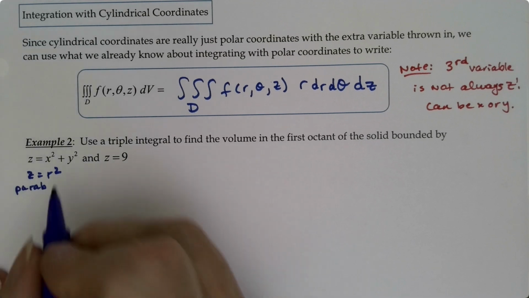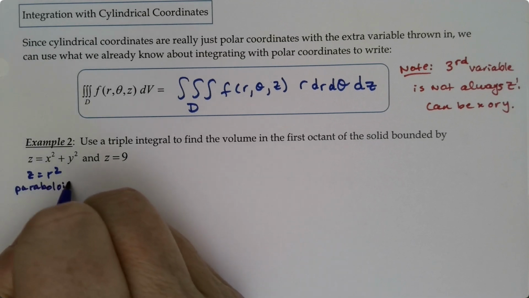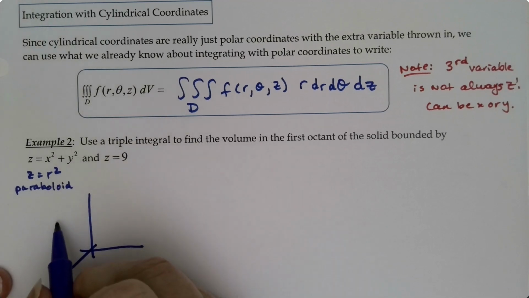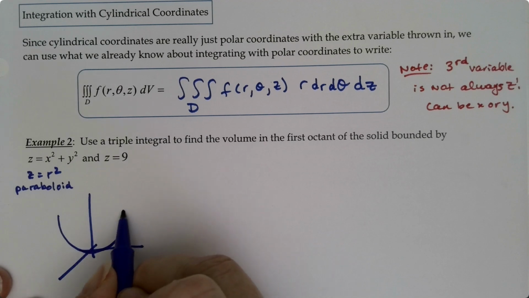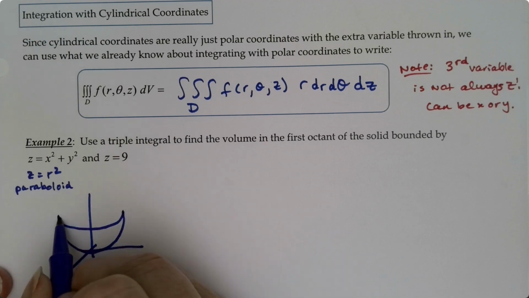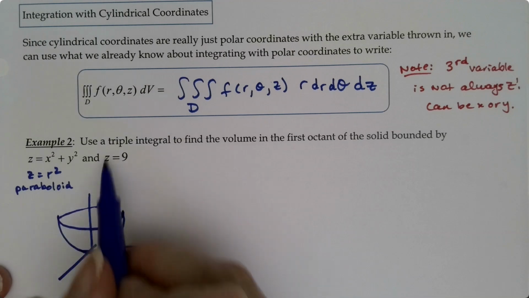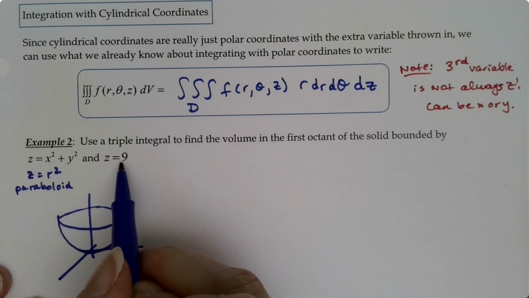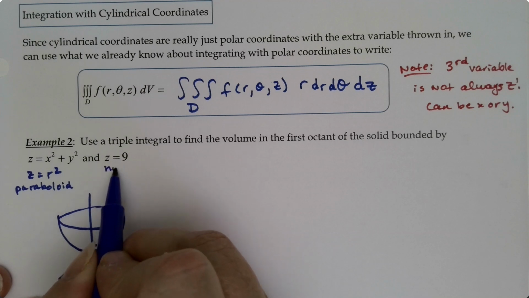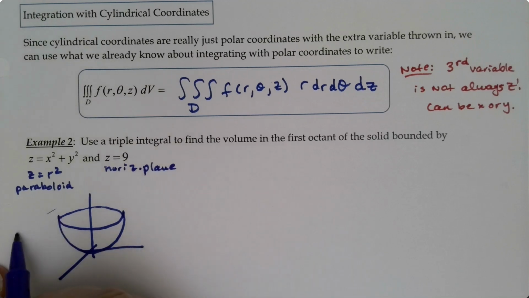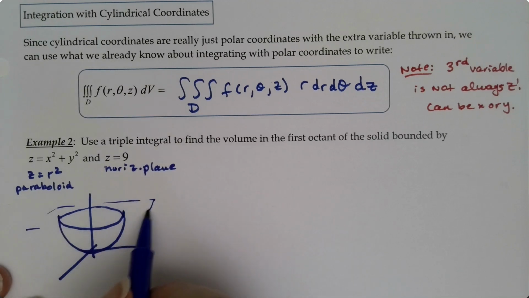It's paraboloid. There we go. So it's going to look like this. So paraboloid, so parabola, circle around the top. And where we're hitting is actually at the plane, z equals 9. That's a horizontal plane. So you're hitting at z equals 9 coming across like this.